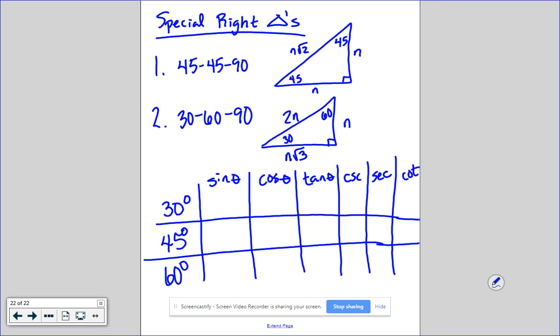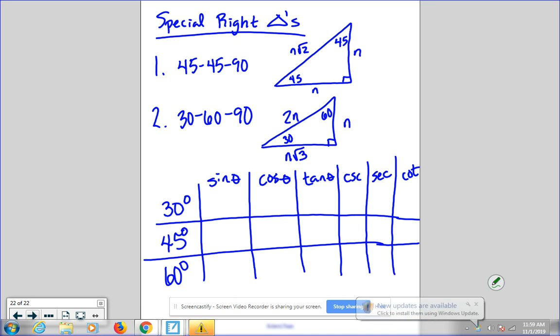All right, so now, if I want to find sine of 30 degrees, and I look at the 30, 60, 90 right triangle, what is the ratio of sine by SOHCAHTOA? It's opposite over hypotenuse, right?